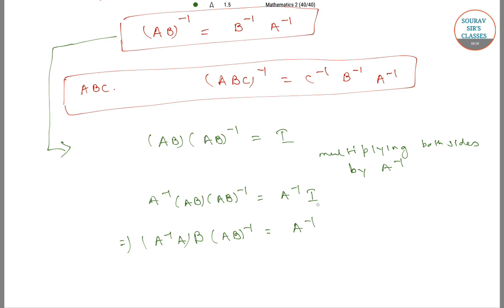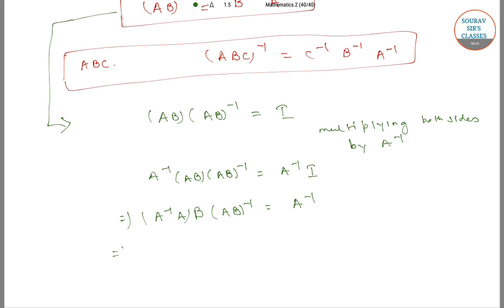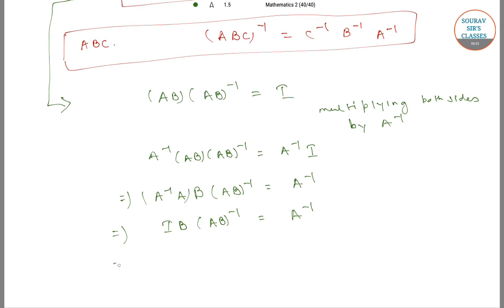Since A inverse into I = A inverse, this implies I into B into (AB) inverse = A inverse. This implies B into (AB) inverse = A inverse.